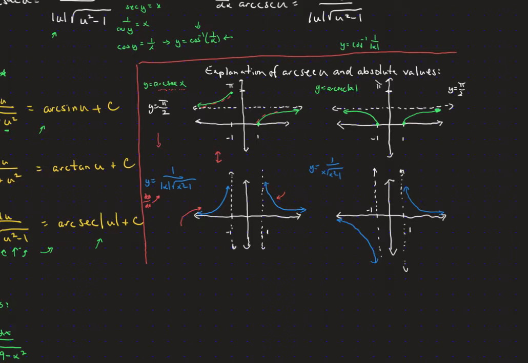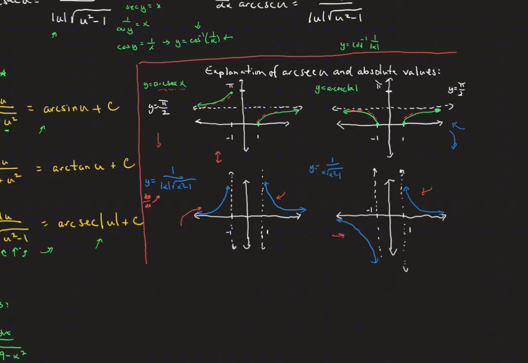So if you look at the derivative of this, it's going to match that, because these derivative tangent lines are all going to be negative, which matches this always being negative, and these are still positive, which matches that.